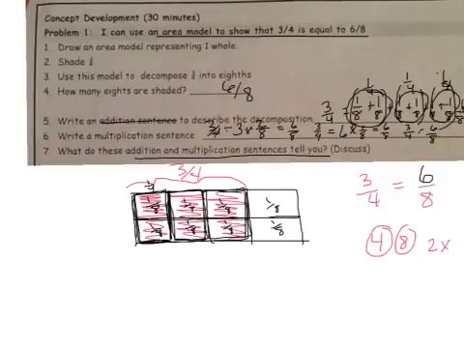The number of pieces that I drew increased because the size of the pieces I cut up got smaller. And when we added all of those smaller units, it equaled the total number of the larger shaded units. And when we multiply, it's just easier and quicker to write than all of those addition problems.